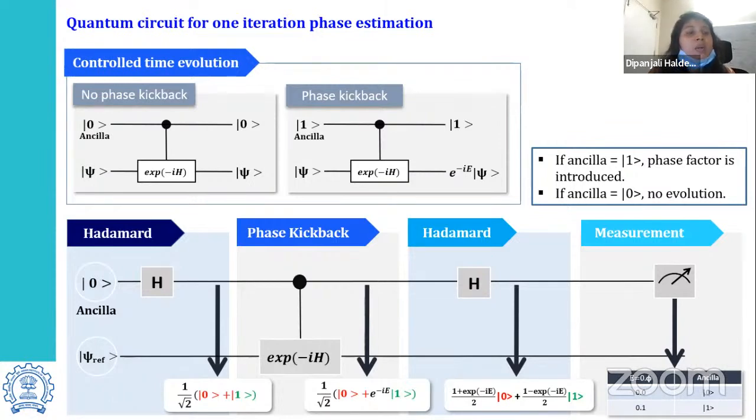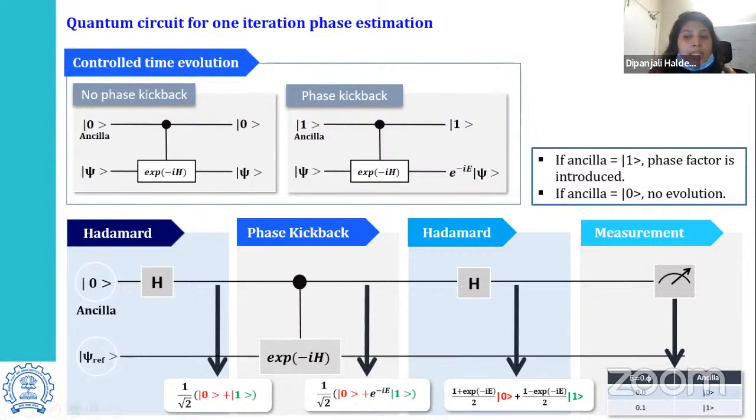So we require only one ancilla qubit. As you can see, at the bottom towards the left-hand side, we have an ancilla which is initially in state 0. Just below that, we have an initial state denoted by chi reference, which contains as many qubits as required to define the initial state of the system.